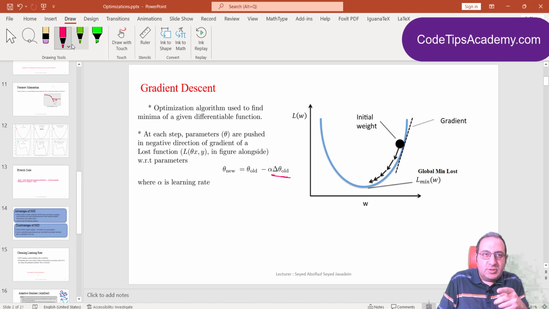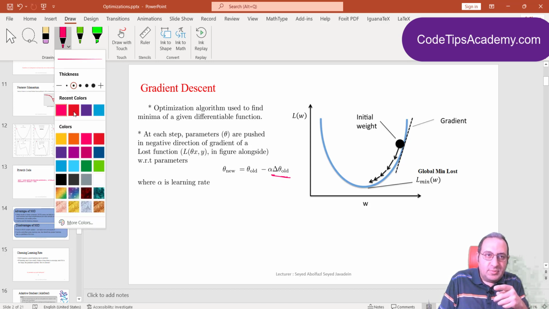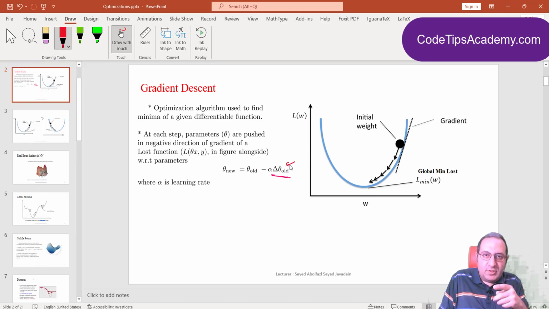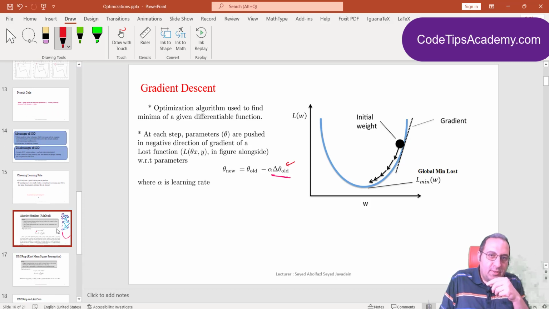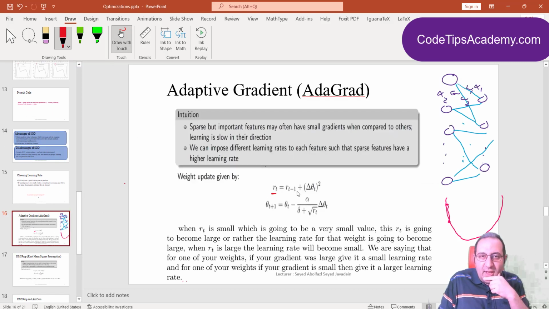We use this change of the weights to make a square of them, sum them, and create this RT, and we put this RT in this formula to create the new weight.